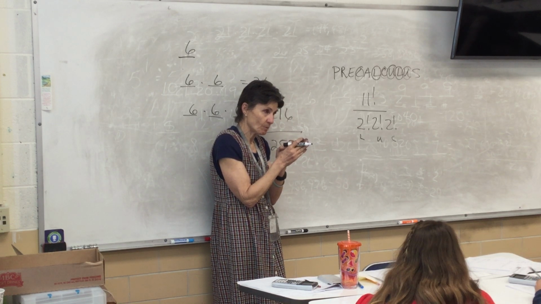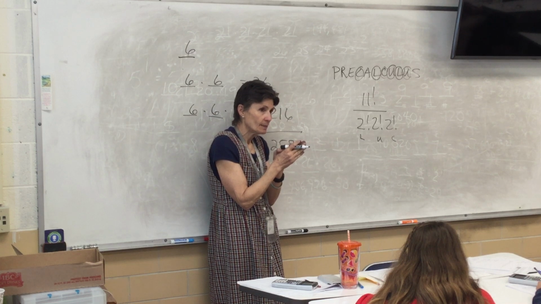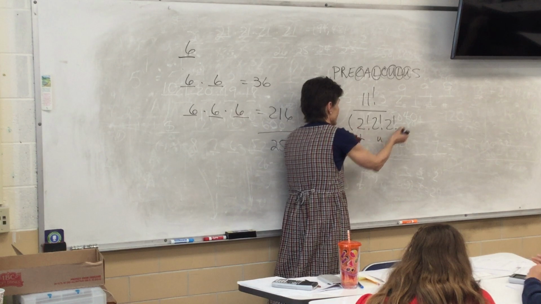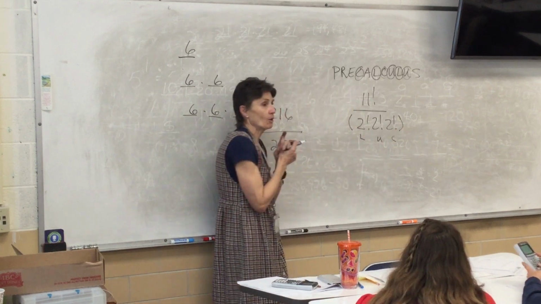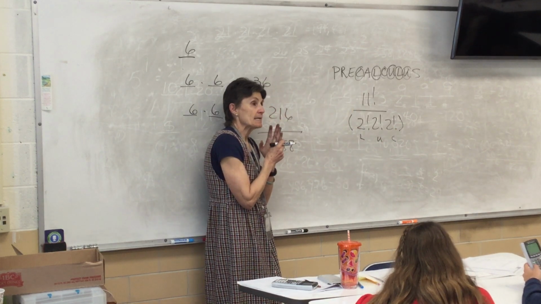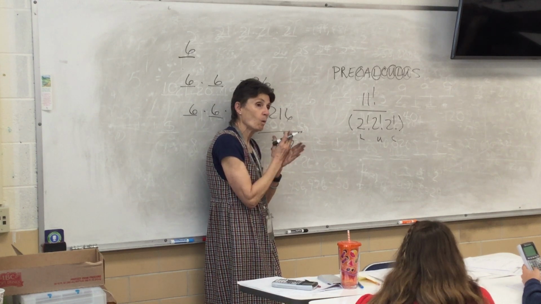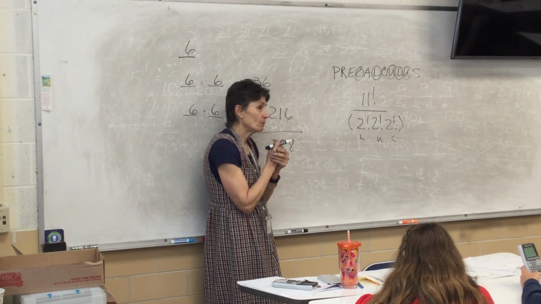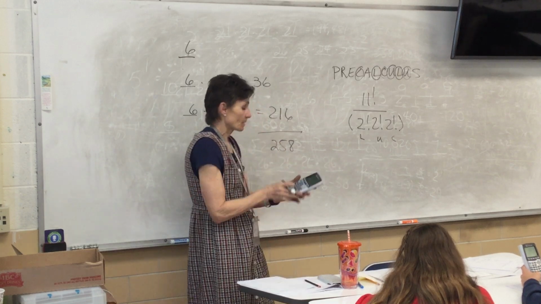Now, listen to me, huge caution. When you type this in, you must have parentheses around your denominator. If there's more than one thing you're dividing by, then you've got to put it in parentheses.